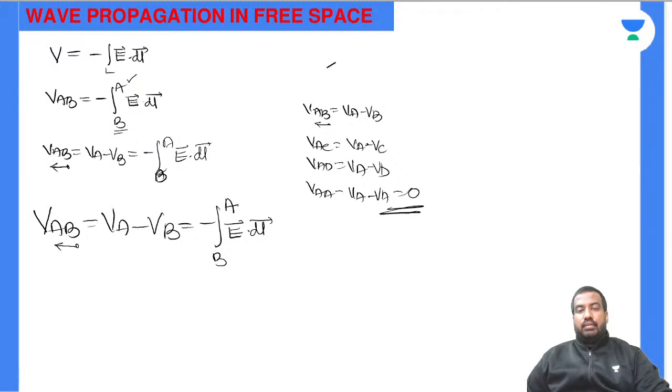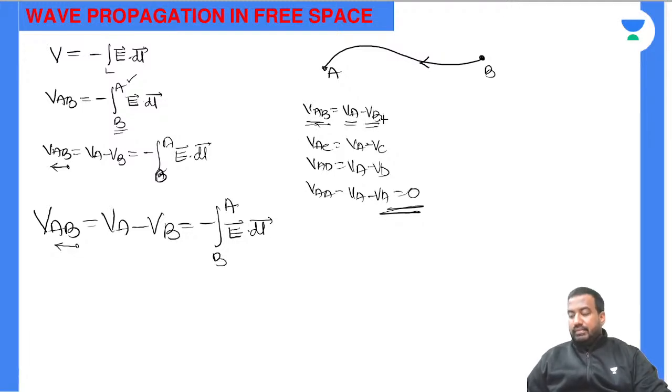These are two points. This is A, this is B. Work done in moving the charge from B to A, in which the potential calculated is VAB, which is VA minus VB. Clear?